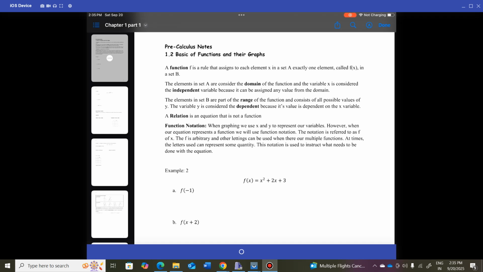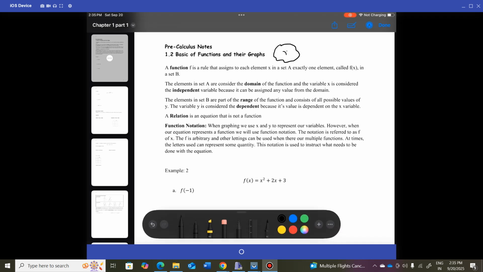Think of the domain as the set of all values that can go in for X. The function assigns those to another set of elements we call Y. That's our range. So domain is the set of possible values for X, and range is the set of values that we will get out for Y.